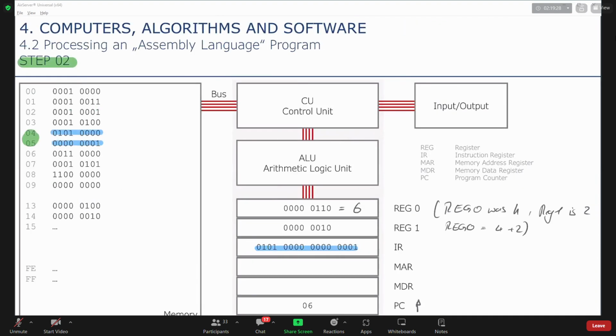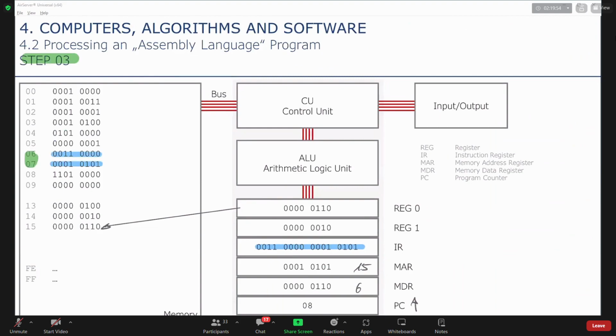Then we are adding what is in register 0 and 1 and storing that in register 0. So we have here 4 plus 2 is 6. Theoretically, you can also store that in another register, but then you need 3 instead of 2.